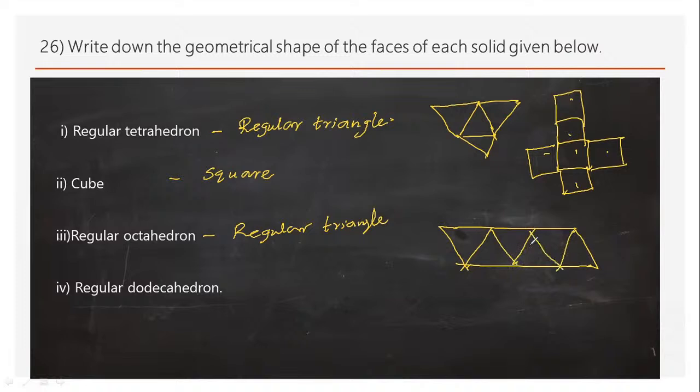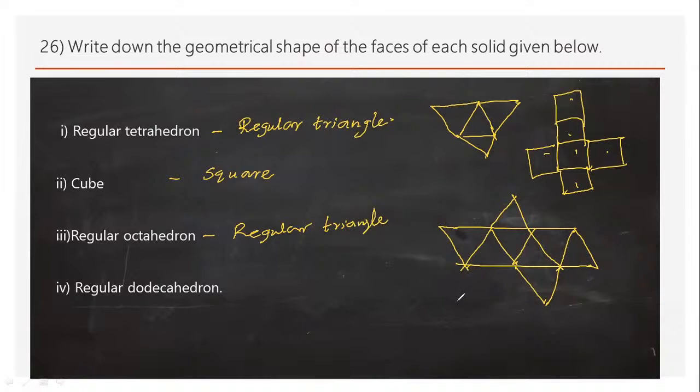And 1, 2, 3, 4, 5, 6, 8 sides are there. Regular triangles, there are 8 regular triangles. Like this.